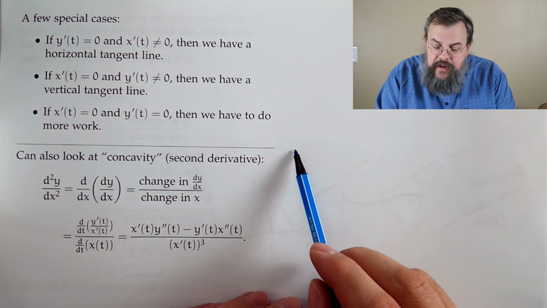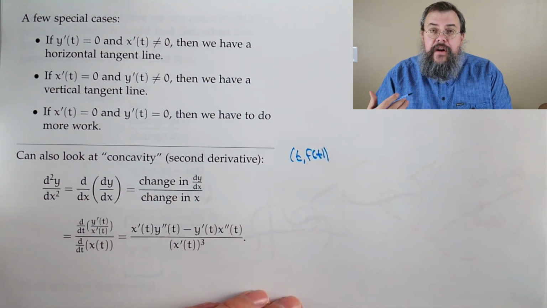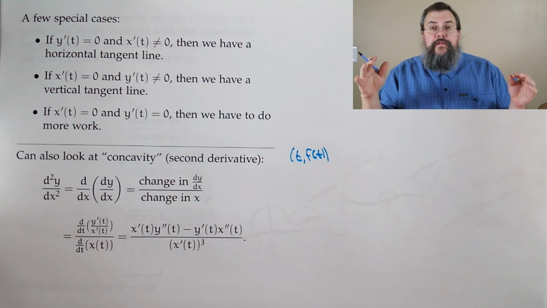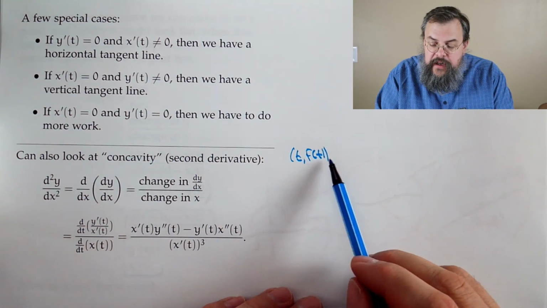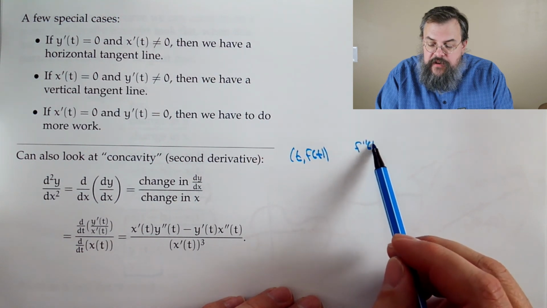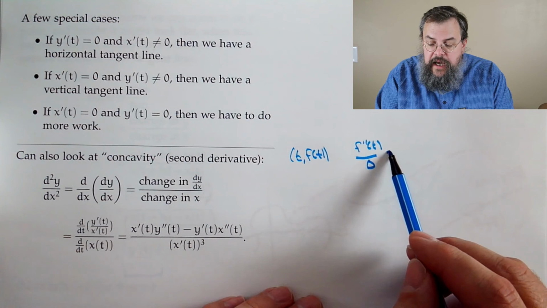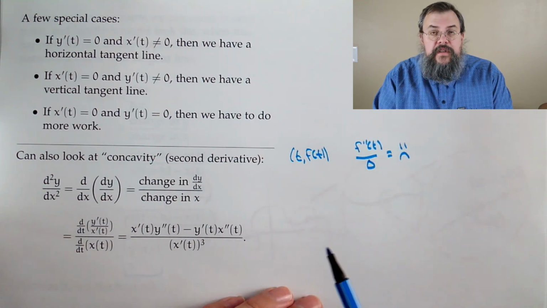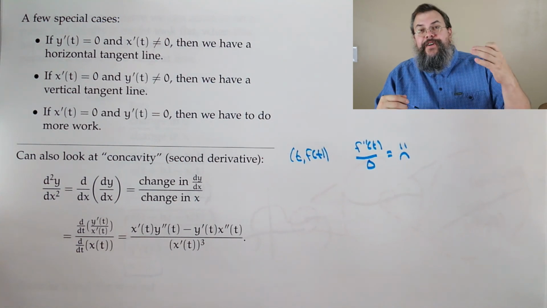Suppose you had t comma f of t. So we were back into our old setting where we had y equals f of x. If we were to take two derivatives of the y part, that would be f double prime of t, which is great, but two derivatives of the x part would be 0, and that equals something which is silly. Doesn't work. So it's not just a matter of taking two derivatives over two derivatives.